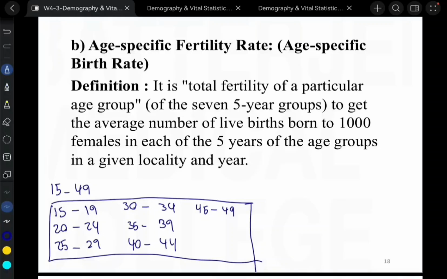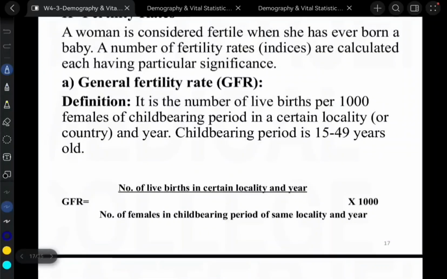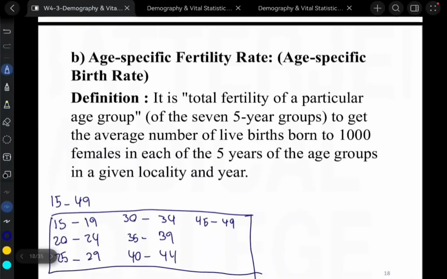So the question will have the same equation, but instead of giving the whole childbearing period, we're asking for a specific group. So how many of the females are within the age group, for example, of 30 to 34? Again, we calculate the number of live births per 1,000 in this specific group.